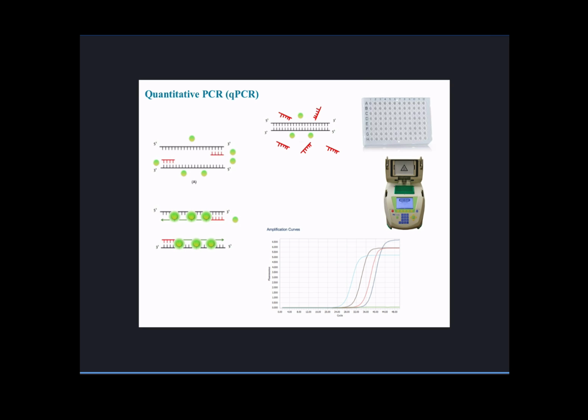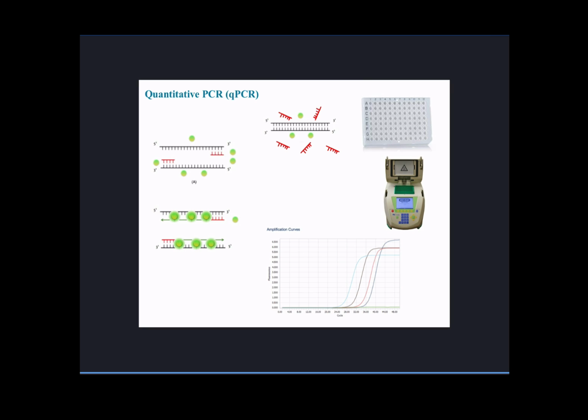Right? So it's a pulse of light that the human eye couldn't see, but that these special machines can detect. They not only do the cycles of temperature that any PCR machine would do, but also have a camera pointing at these wells where the reactions take place. These cameras can see how much fluorescence is being emitted with each cycle of amplification.